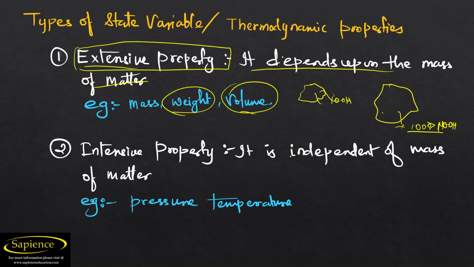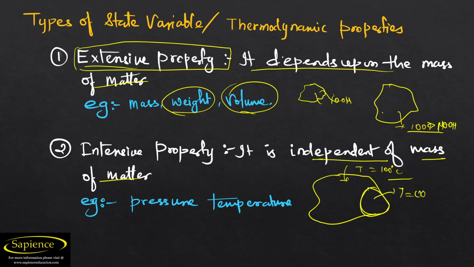At the same time, there is the property which is independent of the mass of the matter. For example, if you take this water and want to find the temperature, suppose we get a temperature of 100 degrees Celsius. If we take just this portion of water and find its temperature, it will remain the same.